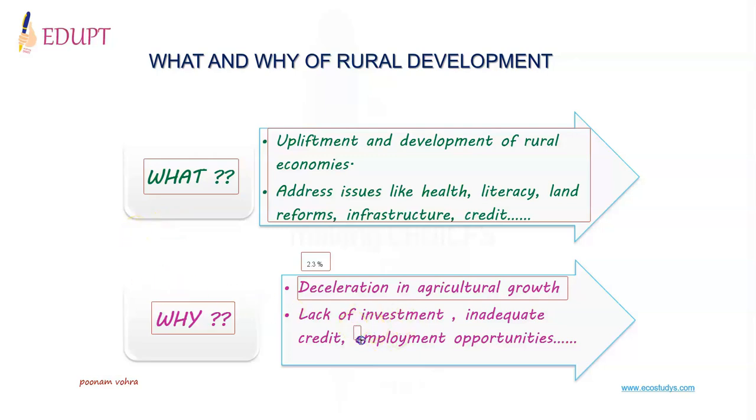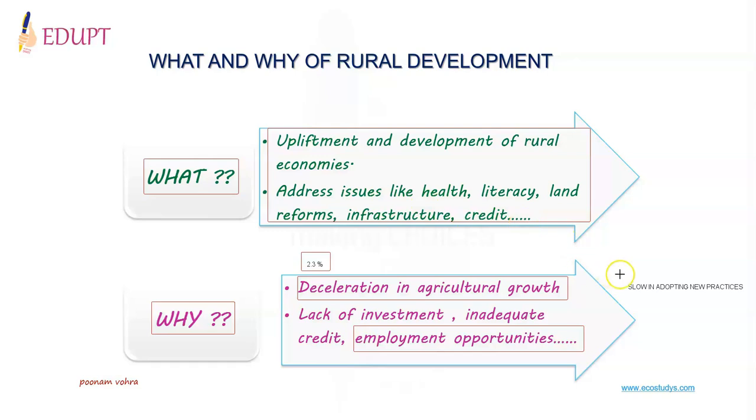Approximately 60 to 70% of the people who are living in rural areas neither have adequate landholdings nor alternative service opportunities. So in the absence of adequate employment opportunities, they are unable to generate enough wages.